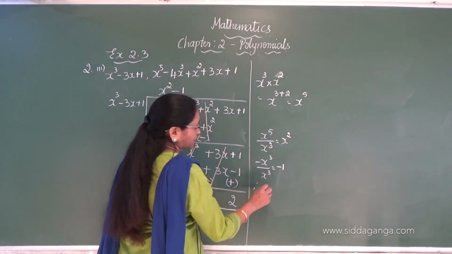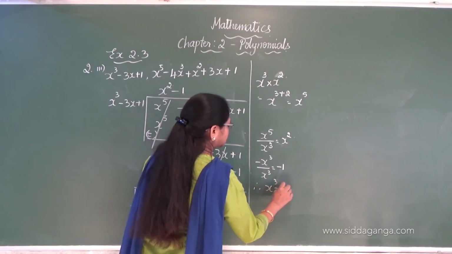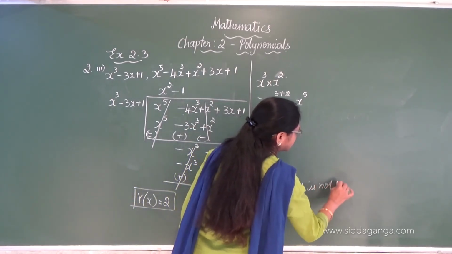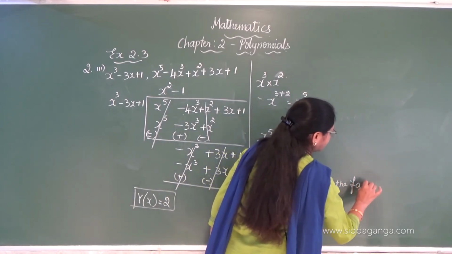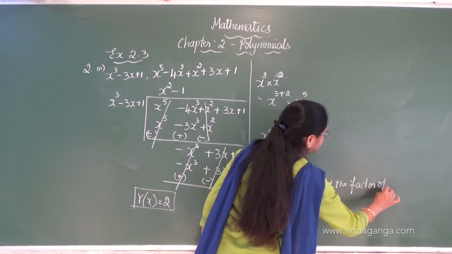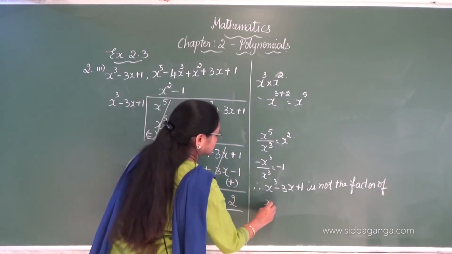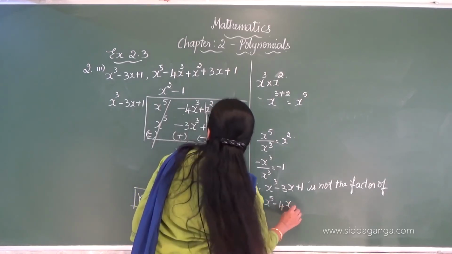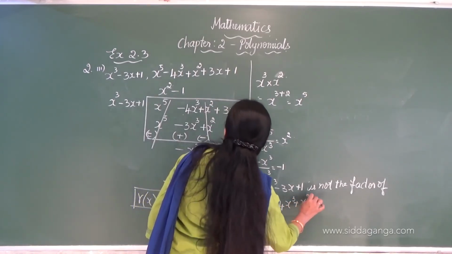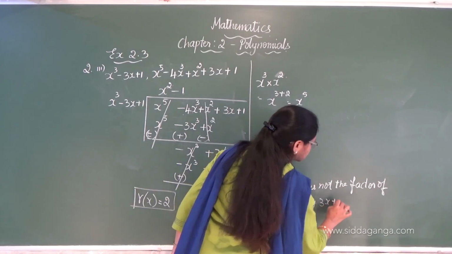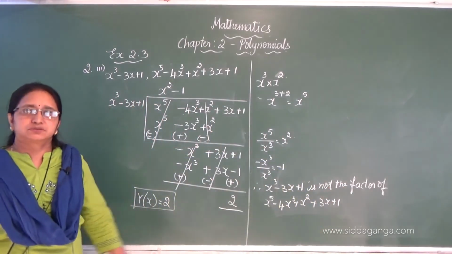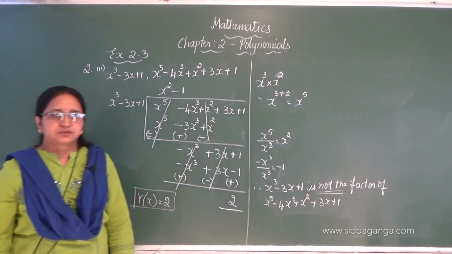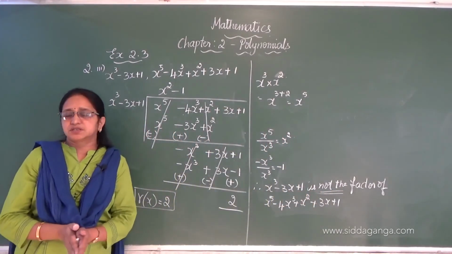Therefore, x cube minus 3x plus 1 is not the factor of x to the power of 5 minus 4x cube plus x square plus 3x plus 1. So only I told you the conclusion is very, very important. I hope it is clear.